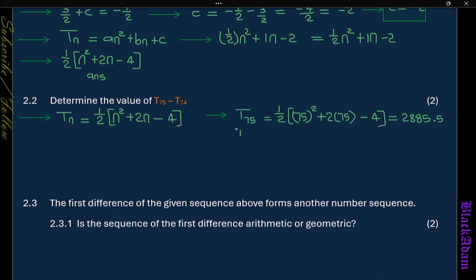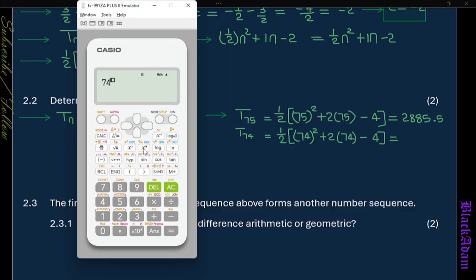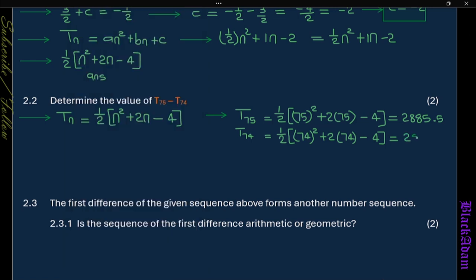So T74, we do the same thing. It's going to be 74 squared plus 2 bracket 74 minus 4. That's 74 squared, 5476, plus 148, and then minus 4 divided by 2 is 2810.